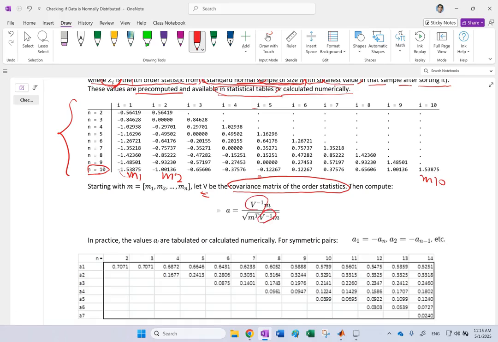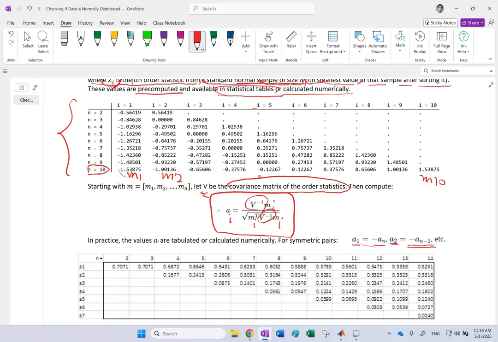And then for each M, you calculate a corresponding A. So if I plug in any M in here, that will give me a corresponding A in this formula. And these A's have some kind of symmetry in them, like A1 is the same as negative An, A2 is the same as negative An minus 1. So they have a symmetry with, of course, a negative sign. So you don't need to calculate all of them, you just need to calculate half of them.